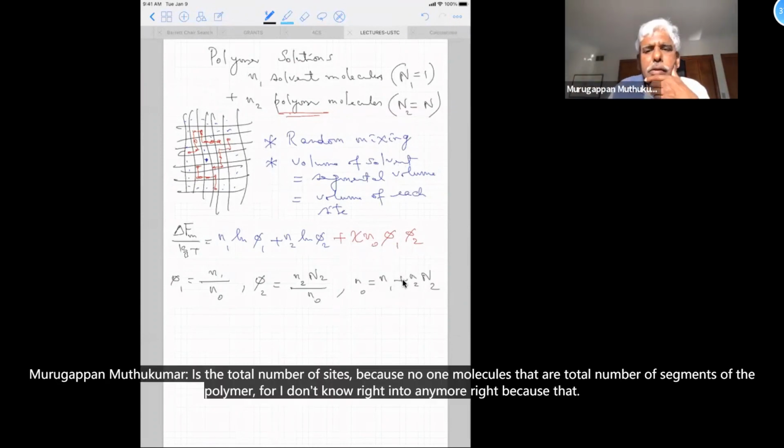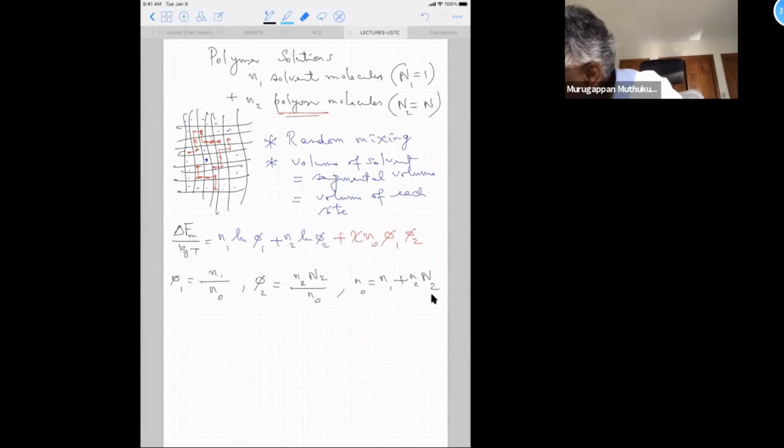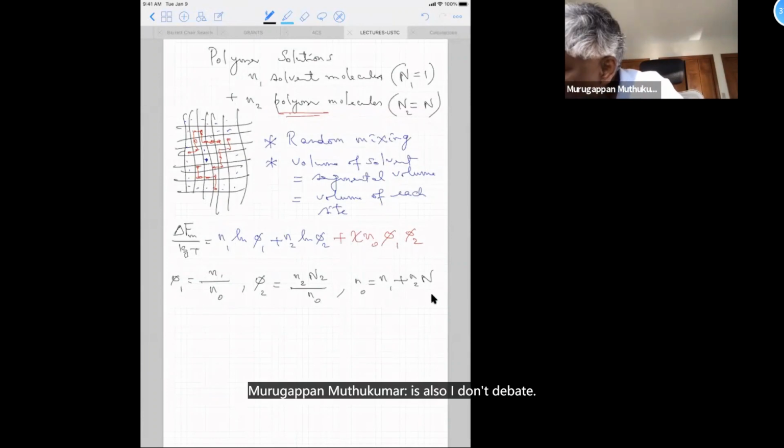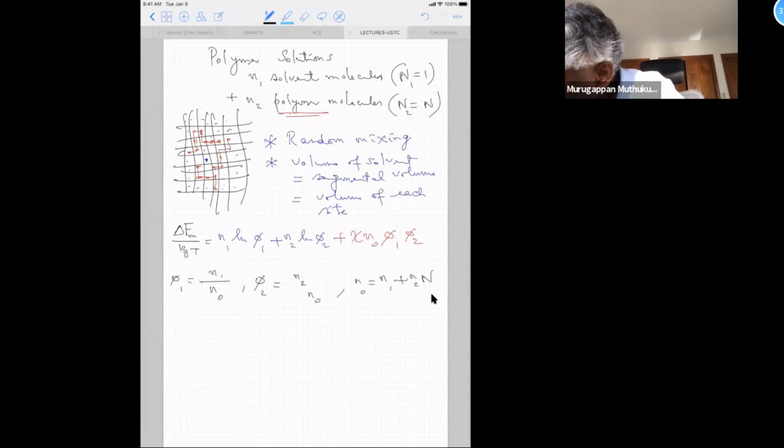N0 is the total number of sites, because N1 molecules, there are total number of segments from the polymer. Oh, I don't have to write N2 anymore, right? Because that's N. And here also, I don't need to write, yeah. Okay.